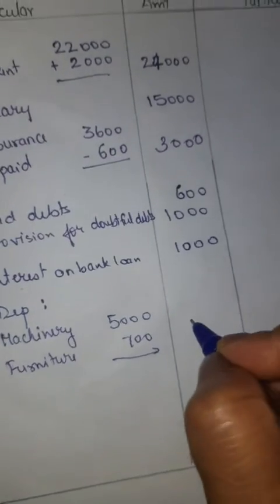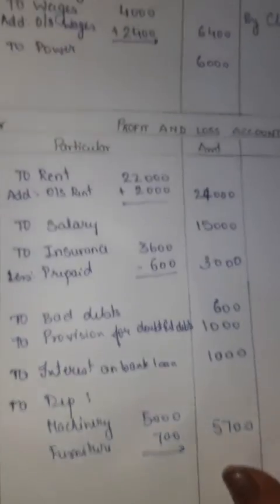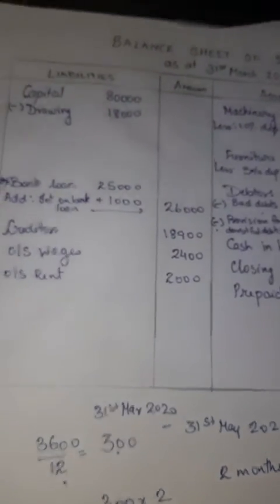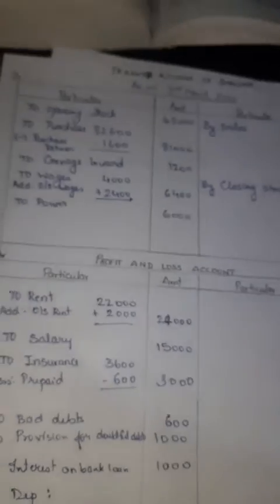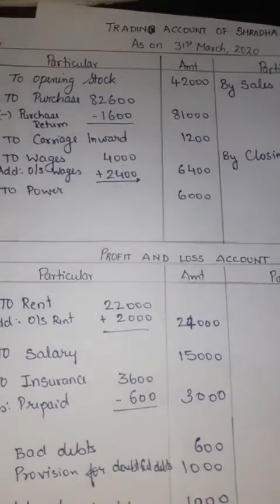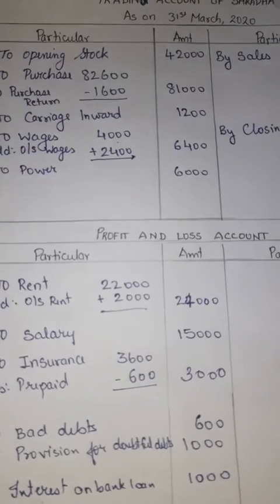So the total amount is 5,700. So all the posting of adjustment items has been covered. The next step after posting all the trial balance items was adjustments. We show the 2 effects of adjustments.